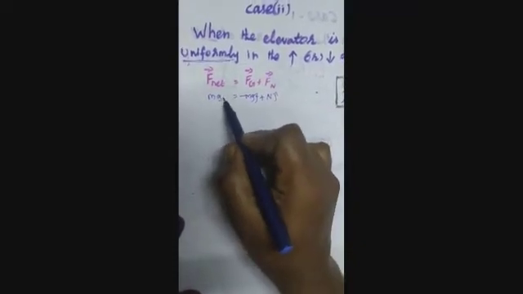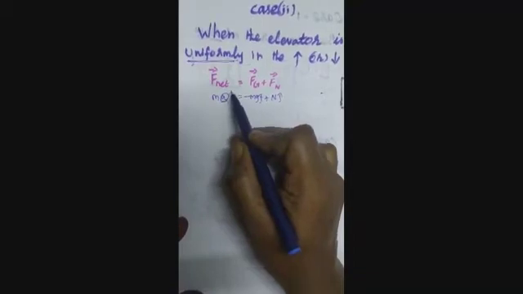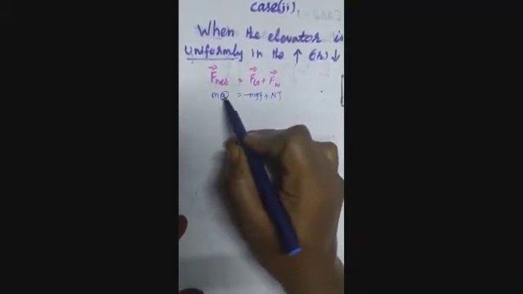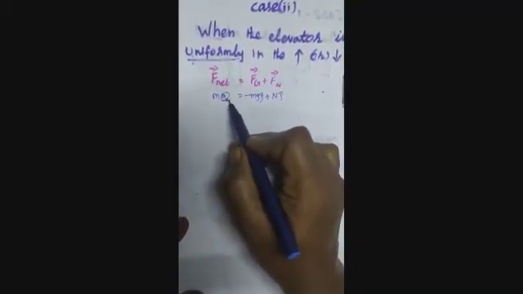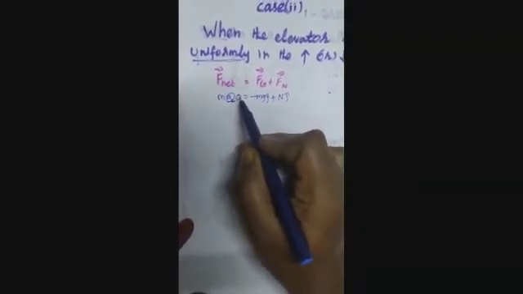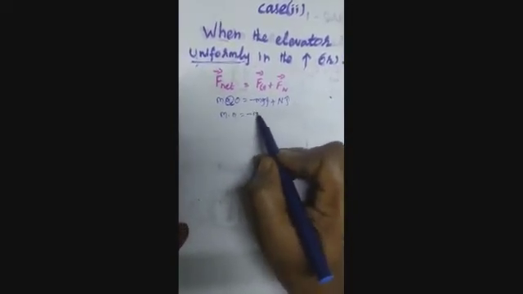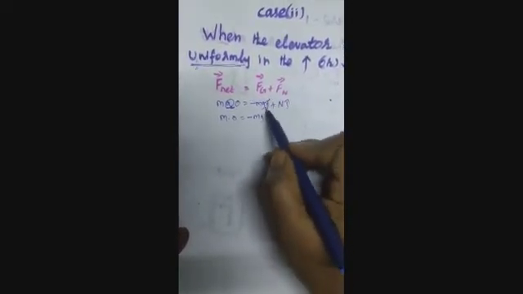Now we come to the acceleration part. In the second case, the lift moves with uniform velocity, so there is no change in velocity and a becomes 0, the same as in the first case. So m into 0 is equal to minus mg plus N, cancelling the j cap.